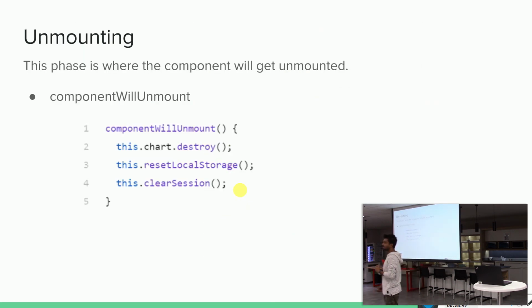Unmounting. It's like death. Right? Why do we need to write some logic when we are unmounting? Obviously, when you're logging out, or if there is some timer, or some subscription to some API or some data stream, you need to clear that, because now the component is not needed, that connection is not needed.